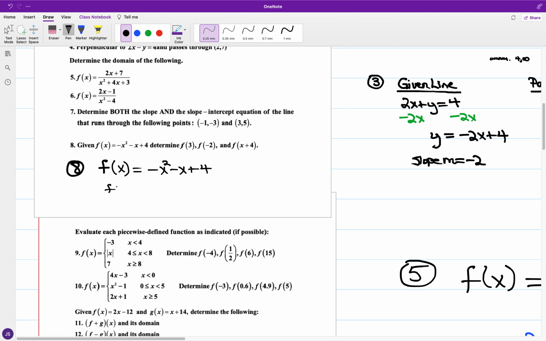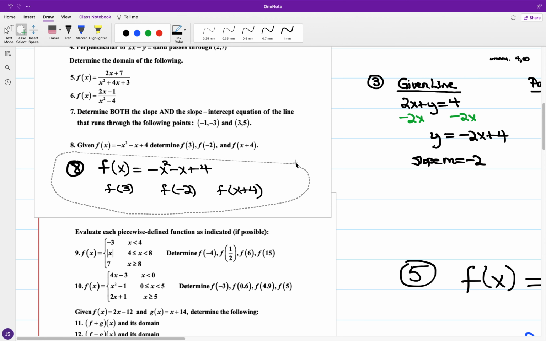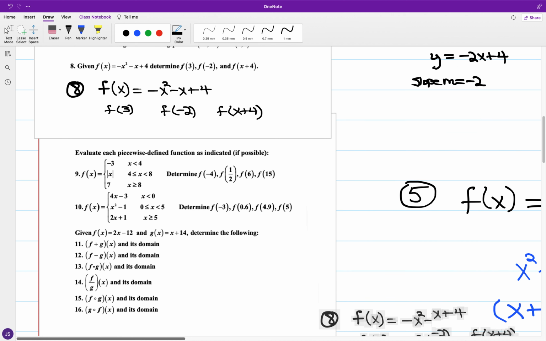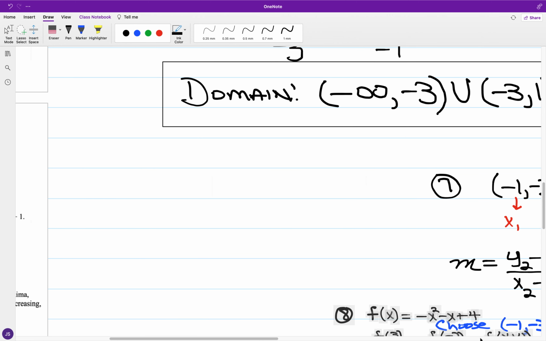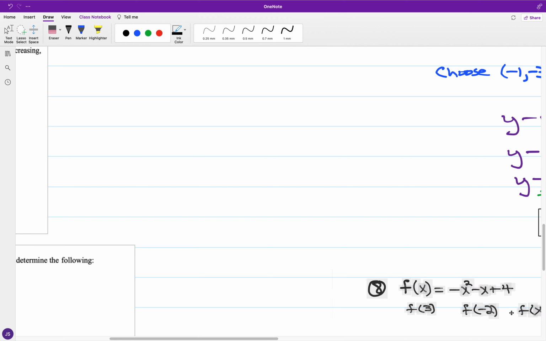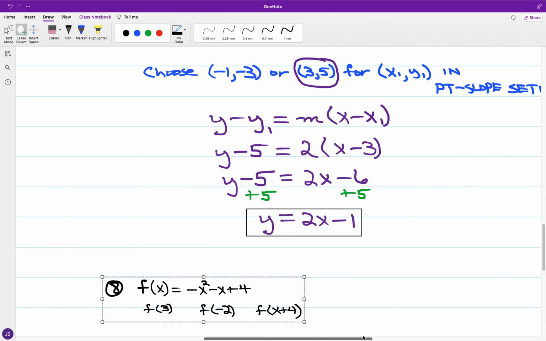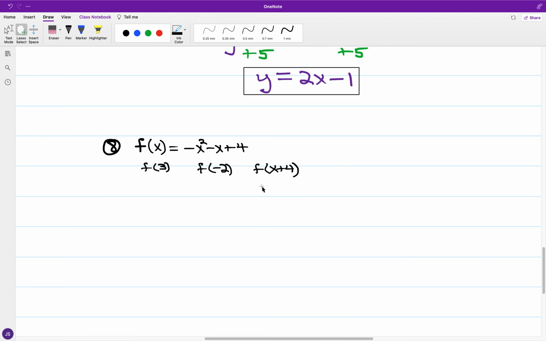We're looking at f of 3, f of negative 2, as well as f of x plus 4. So in the case of number 8, you have f of x equal to negative x squared minus x plus 4.